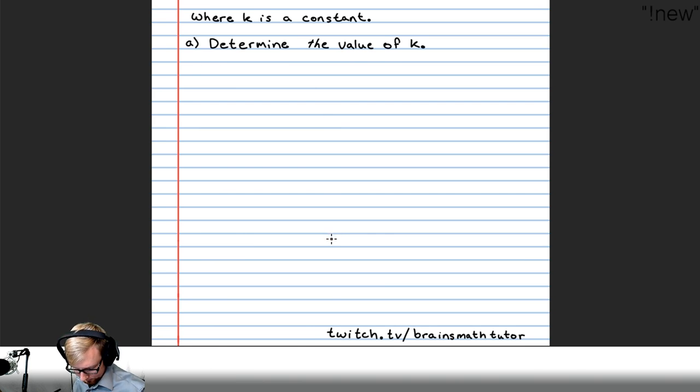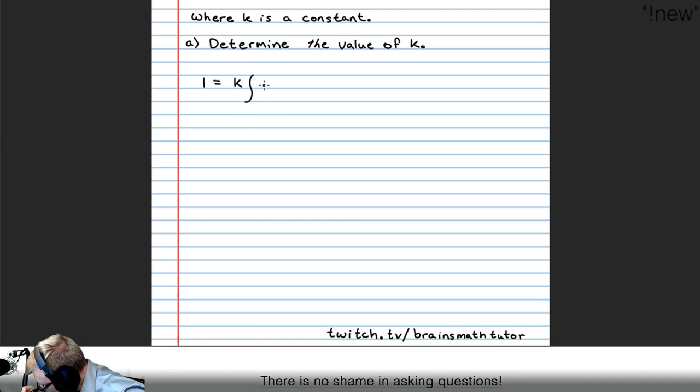Yeah, probably. Okay. 1 is equal to the value of k times the whole integral from 0 to infinity of x e to the minus x dx. We're going to use our handy dandy integrals.